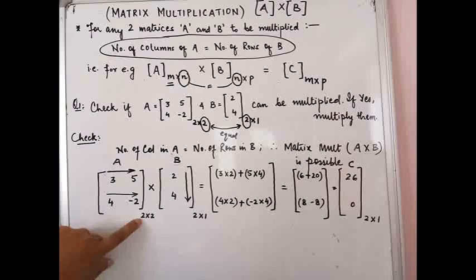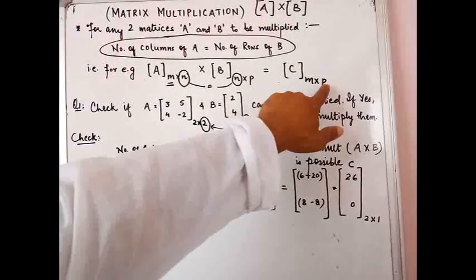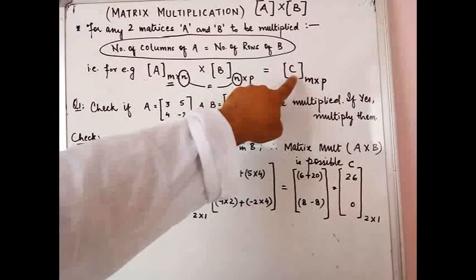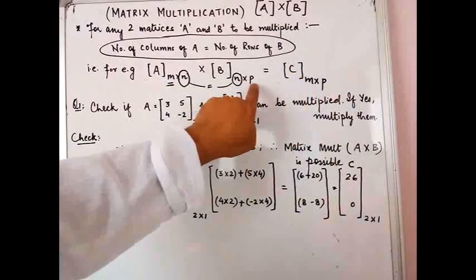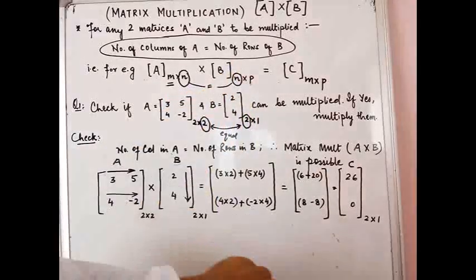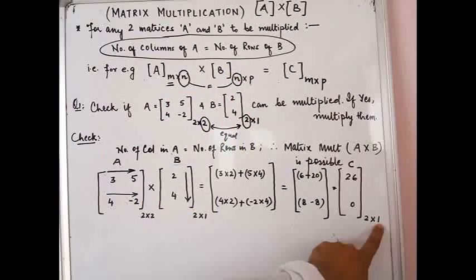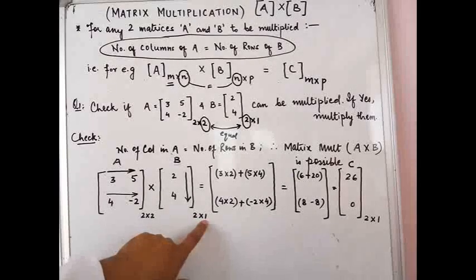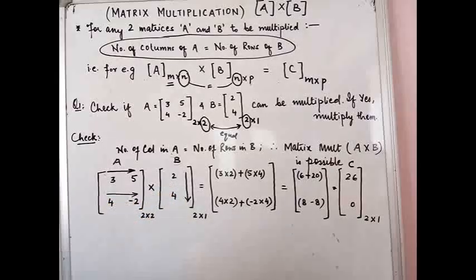This 2 has been taken from the number of rows of the first matrix. Similarly, the number of columns of the resultant matrix will be taken from the number of columns of the second matrix. You see, the number of columns of the resultant matrix is 1. From where has it been taken? It has been taken from the number of columns of the second matrix. So this is how the matrix multiplication will be done.